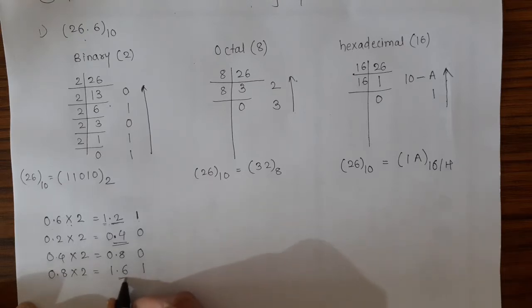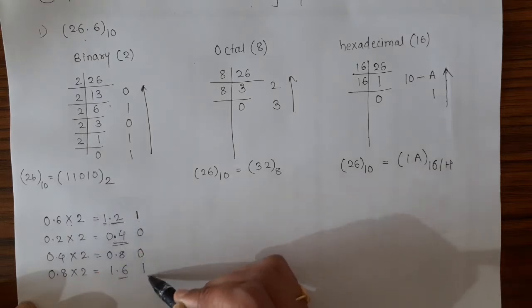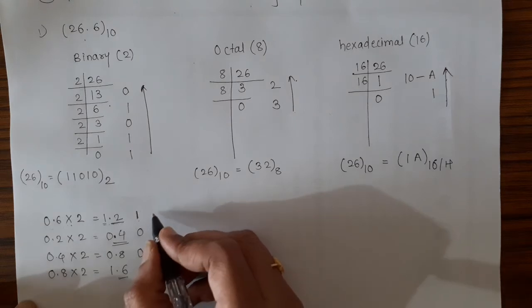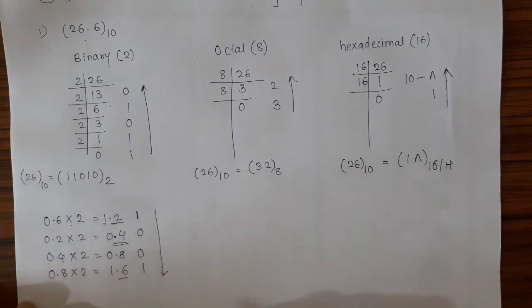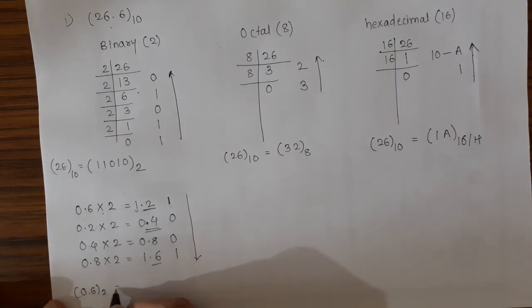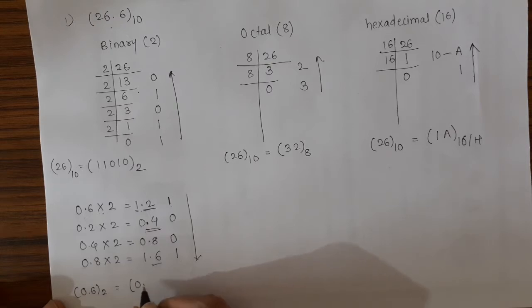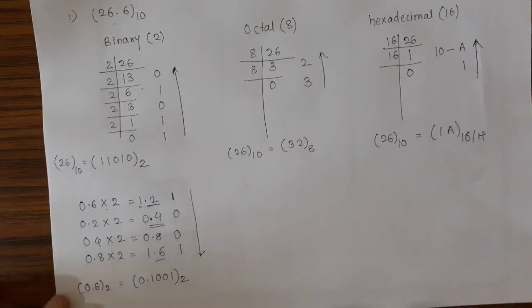Now from 0.6 we are going to get the same sequence repeatedly, so we may stop here. Here we have to track the result from top to bottom. So 0.6 is represented as 0.1001 base 2.